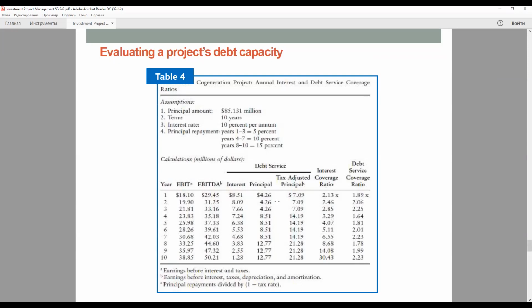Suppose that the long-term lenders require a cash flow coverage ratio of alpha equals 1.75. Then the maximum borrowing capacity is 94 million, which exceeds by a comfortable margin the 85 million initial debt level planned for the cogeneration project.